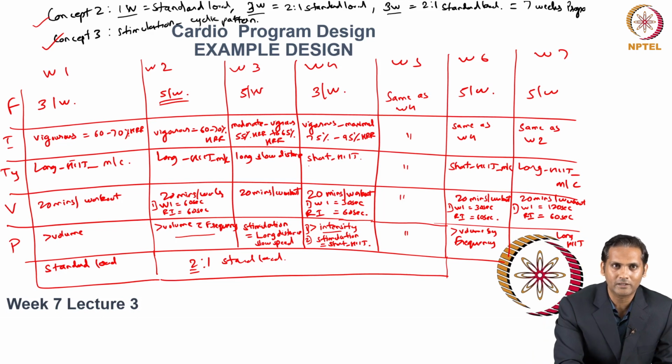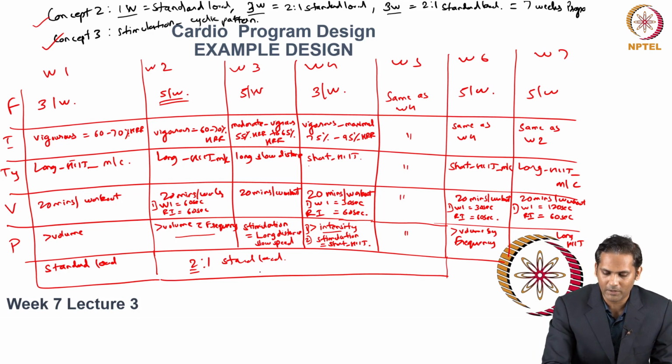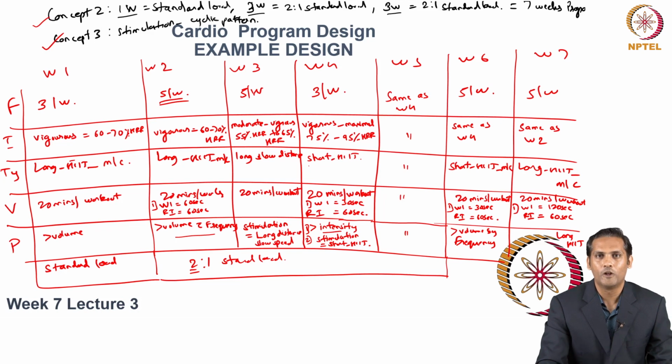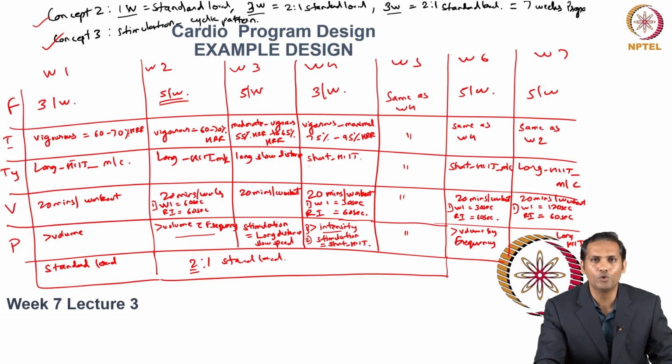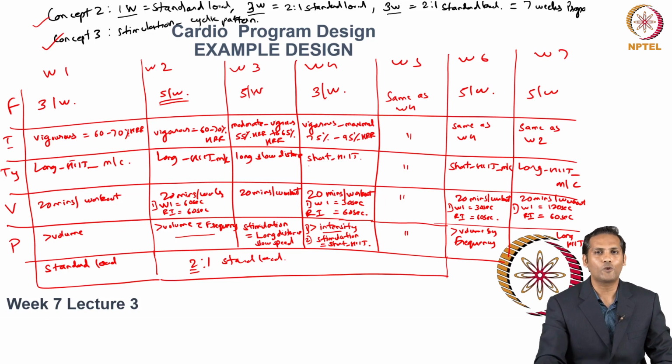This is the third concept that we have been applying in the 8 weeks of program design. Considering that all the concepts have been applied and properly executed, you can have a guaranteed improvement in a cardio program provided you follow close to 100% of what the program has been designed.